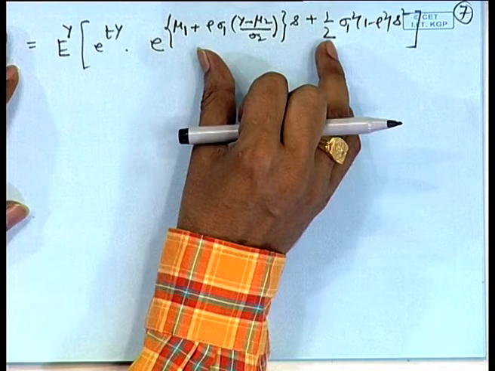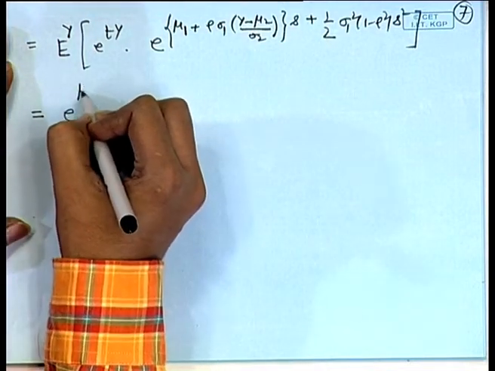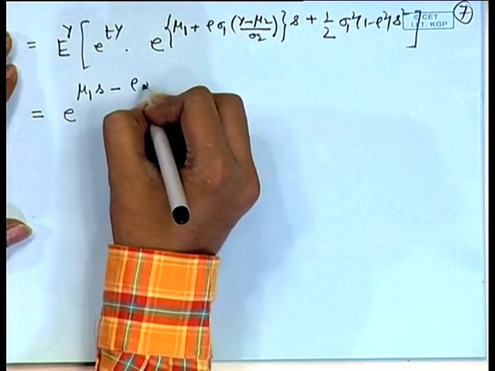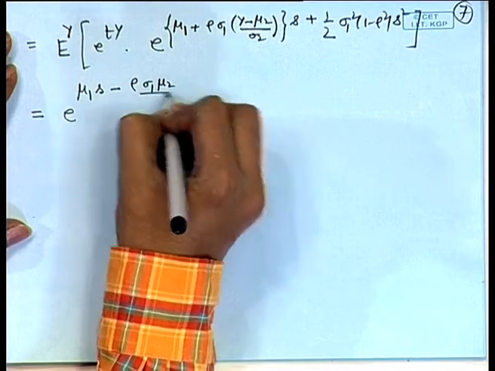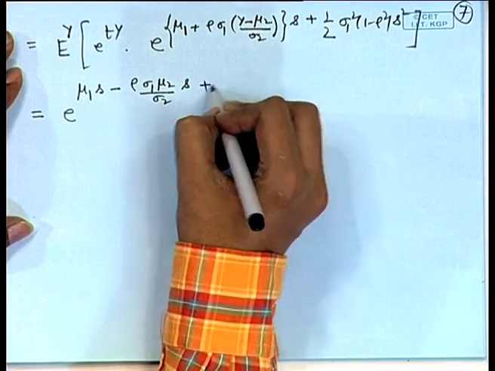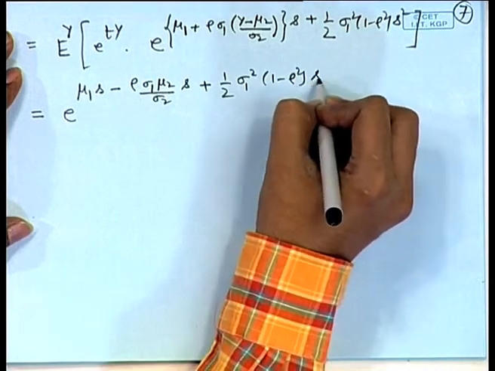So, now here there are certain constant terms and we can separate them out: e to the power mu 1 s minus rho sigma 1 mu 2 by sigma 2 s plus half sigma 1 square (1 minus rho square) s square.